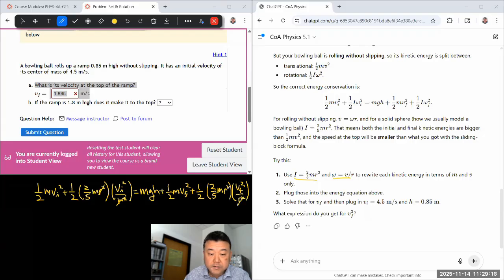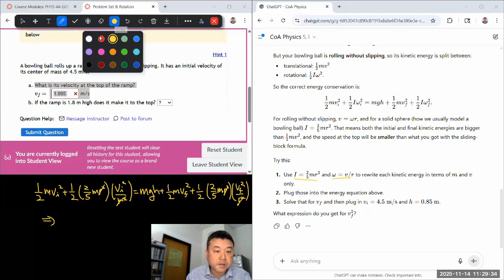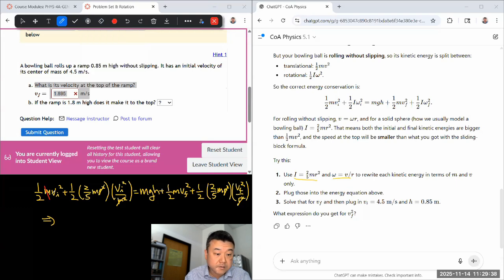R squared again cancels out. And let me do some simple simplification, and then I'll pretend to get stuck. I guess I will cancel out m as well, because m is in every single term, so I can cancel it out. I don't have to keep it around anymore.